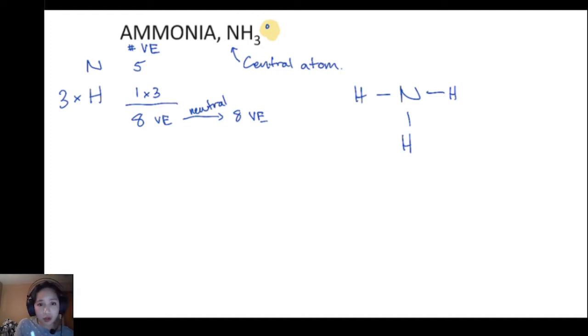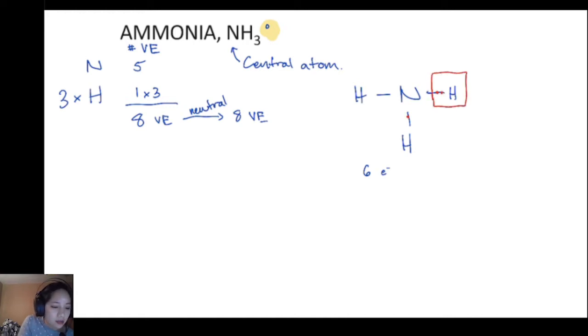What we have drawn now is our skeleton structure. If we count up the number of electrons, there are 6 electrons here, but we want to get to 8 electrons. So we need to figure out where we're going to put those 2 remaining electrons. The fourth step says distribute electrons to non-central atoms according to the octet rule. So are we going to put the electrons on the hydrogens? No, because these hydrogens already have their octets filled.